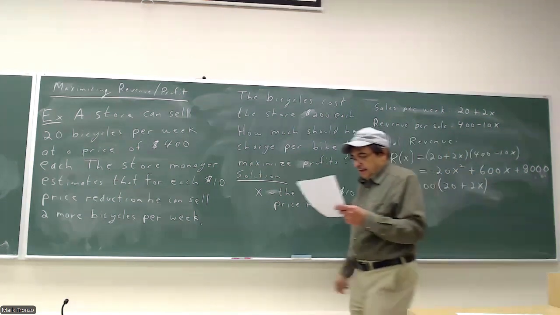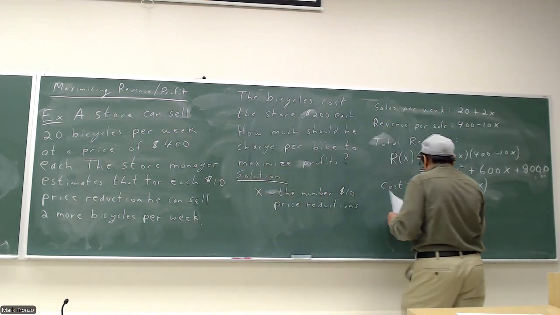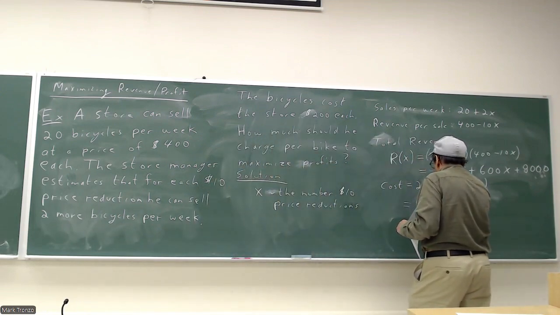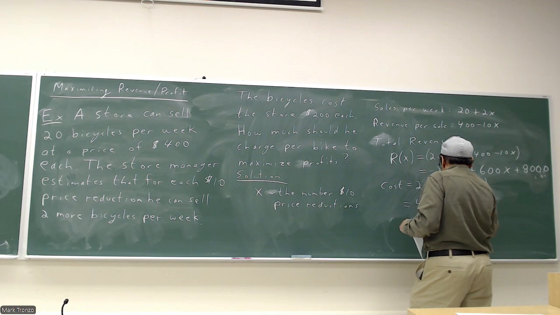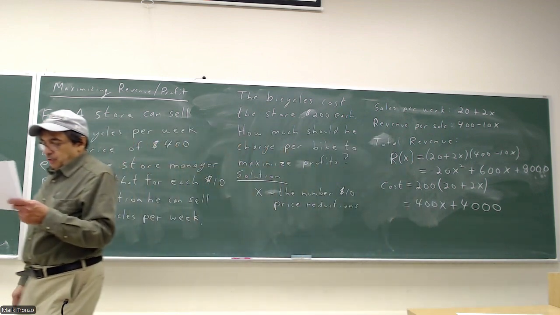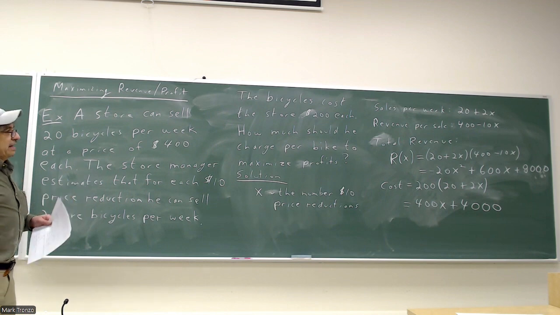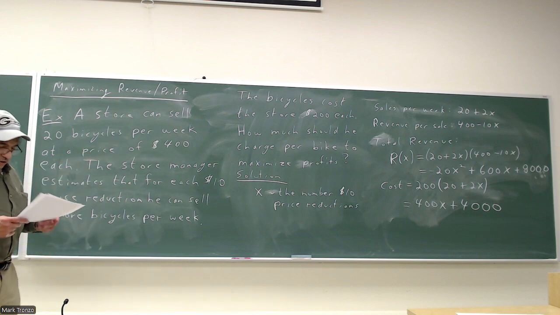And when we multiply this out, this is going to be 400x, and once again, I'm rearranging them, plus 4,000. So that's going to be his cost per week, depending on the number of bikes he sells, and that's going to depend on the number of price reductions.